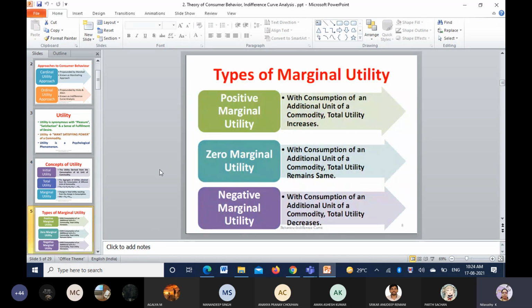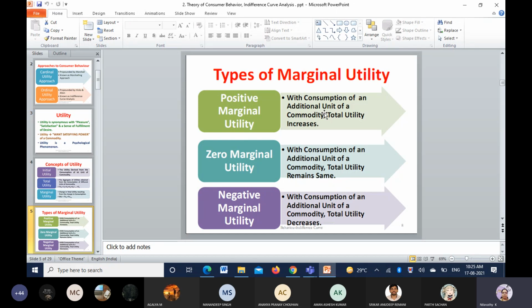Then come the different types of marginal utility: positive, zero and negative. Only these three things are possible in marginal utility. Positive means there will be a positive value, but marginal utility can never be an increasing concept.